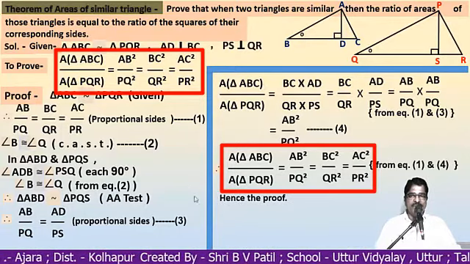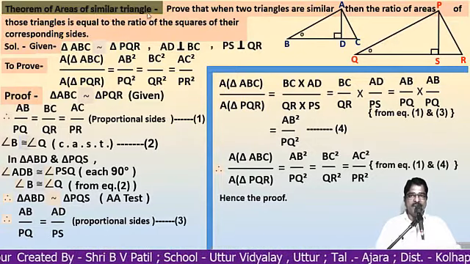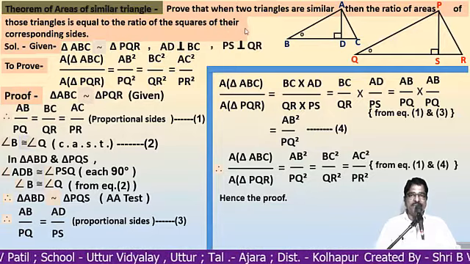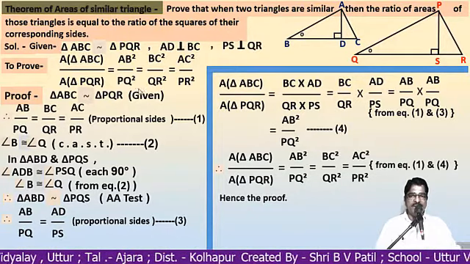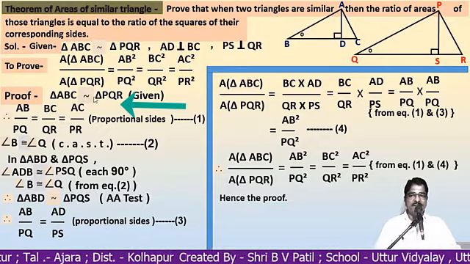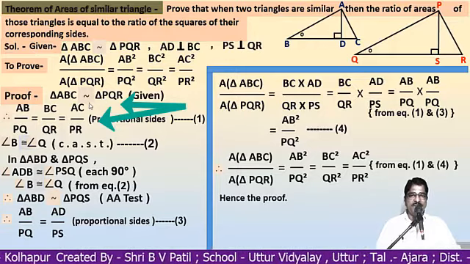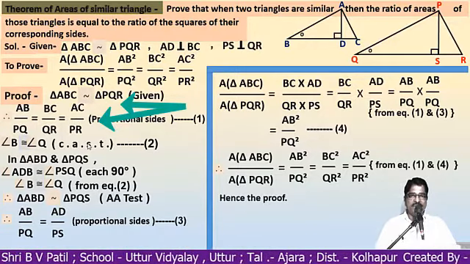In this way we prove the theorem of areas of similar triangles. Here in that theorem we use previous properties, that is the definition of similar triangles: if two triangles are similar, corresponding sides are proportional and angles are congruent.